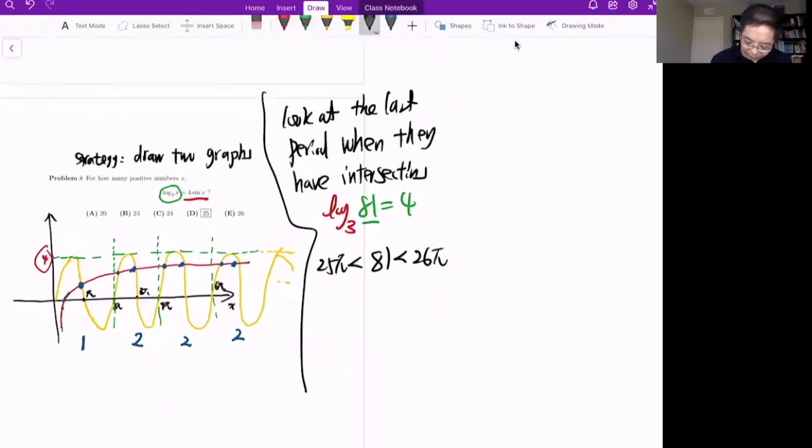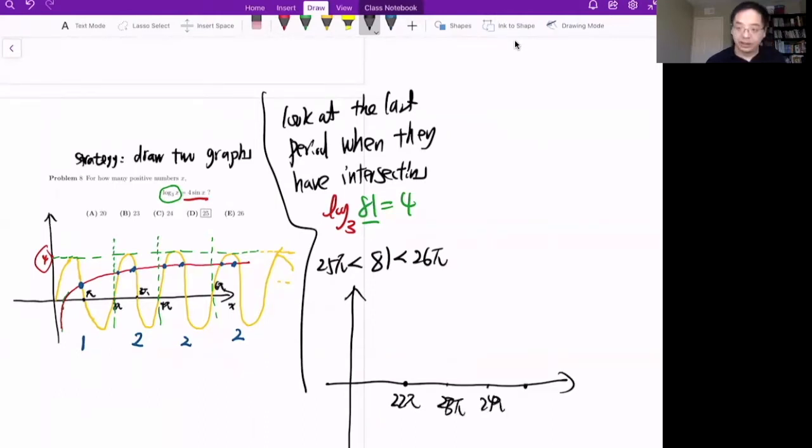If I draw the graph, let's just put here. This is 22 pi, this is 23 pi, this is 24 pi. Here it's 25 pi, and this is 26 pi, right?